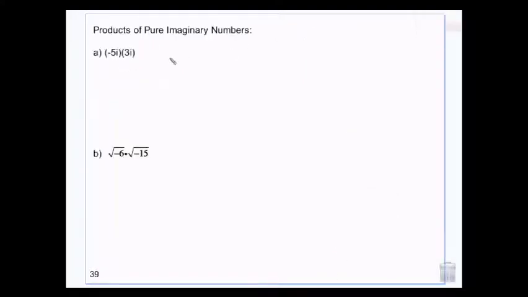We have to talk about products of pure imaginary numbers. Well, if the square root of negative 1 equals i, i squared equals negative 1. And i to the third, well, that's i squared times i, so that's negative i.